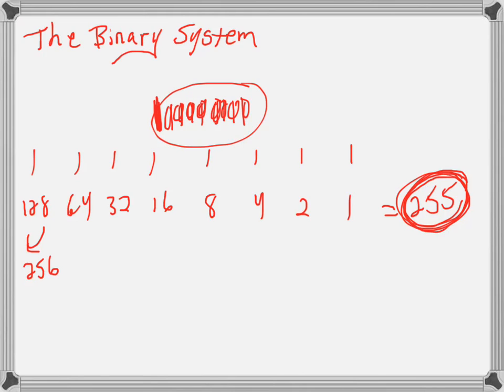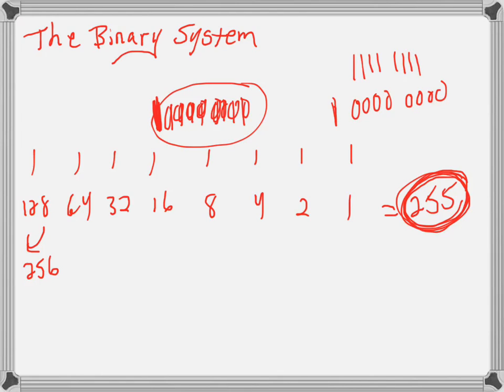So if I did 1, 1, 1, 1, 1, 1, 1, 1, that's 255. If I added 1 to that binary number, then I would have 1, 0, 0, 0, 0, 0, 0, 0, 0. So I have a 1 out in the 256 spot. I don't know if that makes sense or not. I hope it does. Let's work backwards.